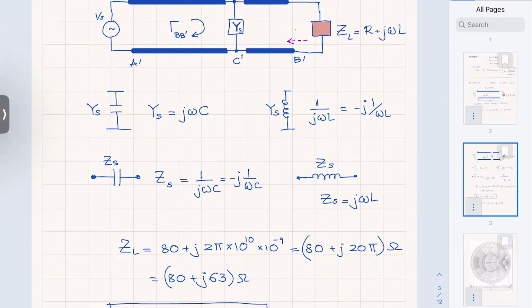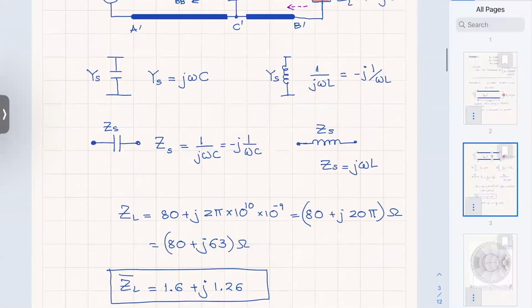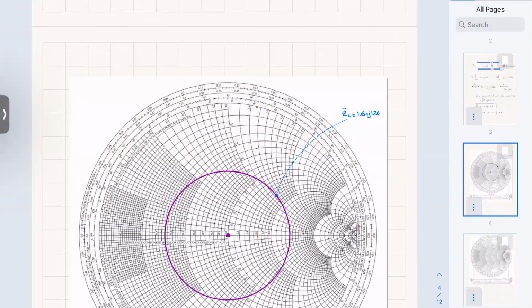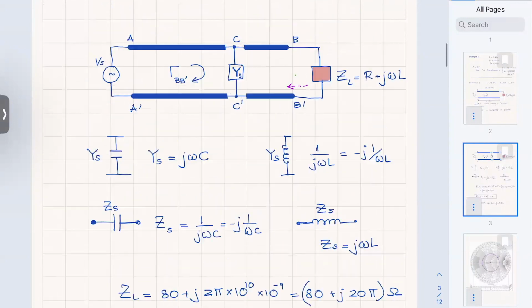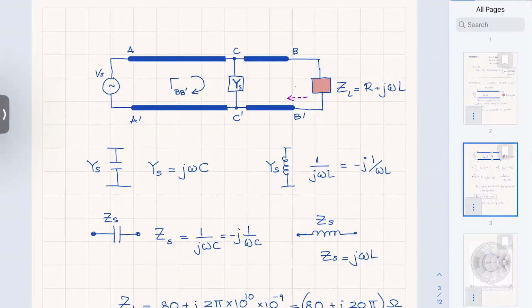I always go A for source, B B prime for the load, and whatever is in between, C prime. So this point here shows where I am at B B prime. This is point B. And the center of the Smith chart is going to be right after point C, or I would say it's going to be point A, all right?